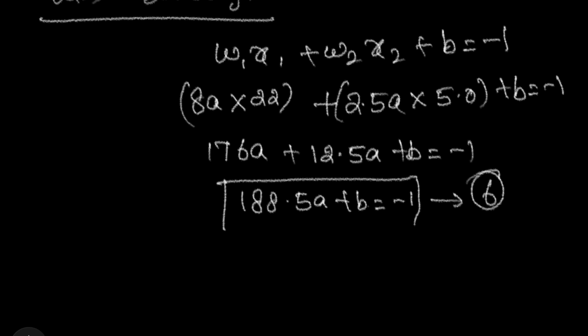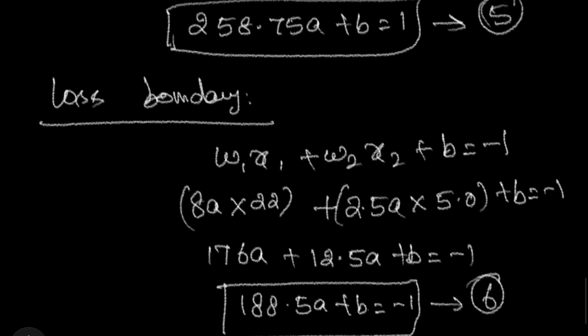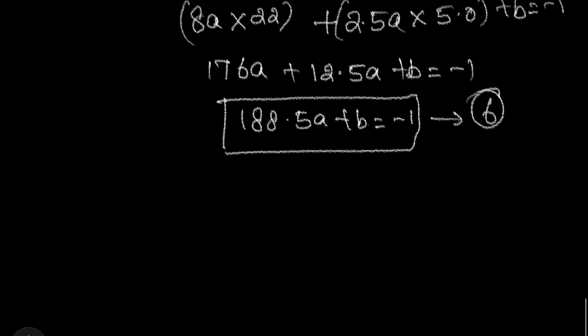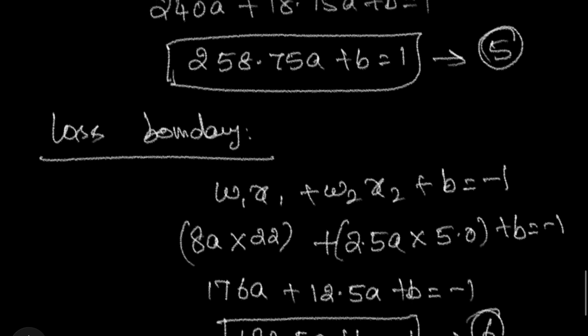So I have the equation for the win boundary and the loss boundary. In both equations, I have a and b. So I should find the value of a and b so that I can get the final boundary line equation. For that, I'm going to subtract equation 6 from equation 5. So what are equations 5 and 6?